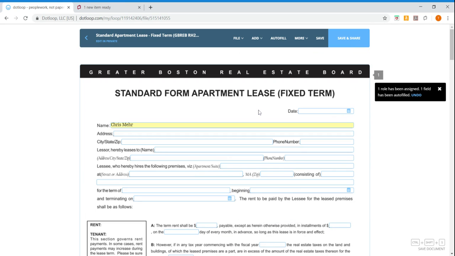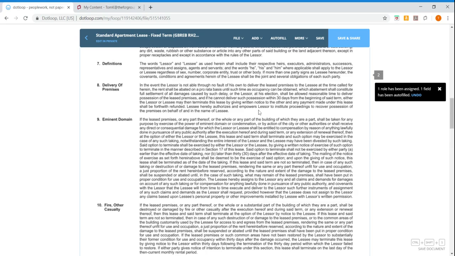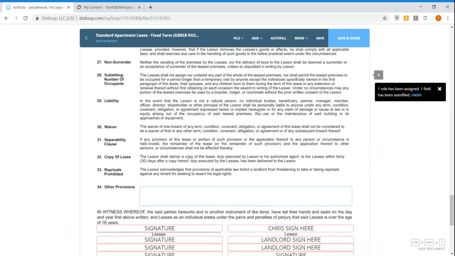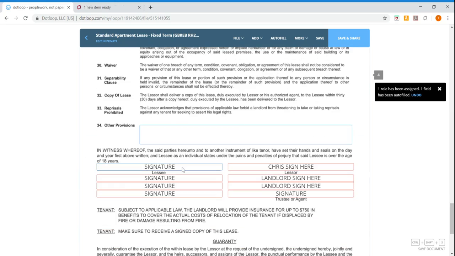So this standard apartment lease form, I think, is 3 or 4 pages long, and requires signatures from both the landlord or owner and the tenants at the bottom. There also is Section 34, which is for other provisions. Many owners want to include an addendum, which needs to be signed, which lays out additional provisions not included in the standard apartment lease.